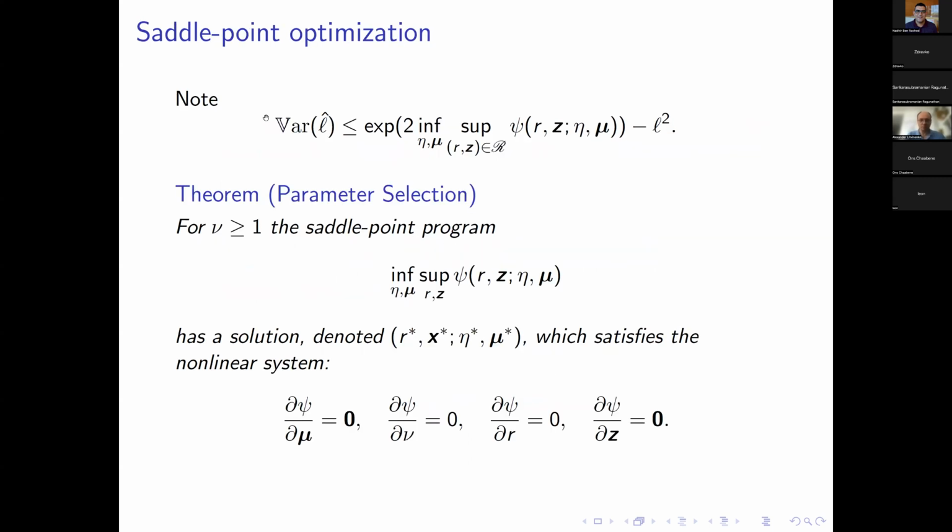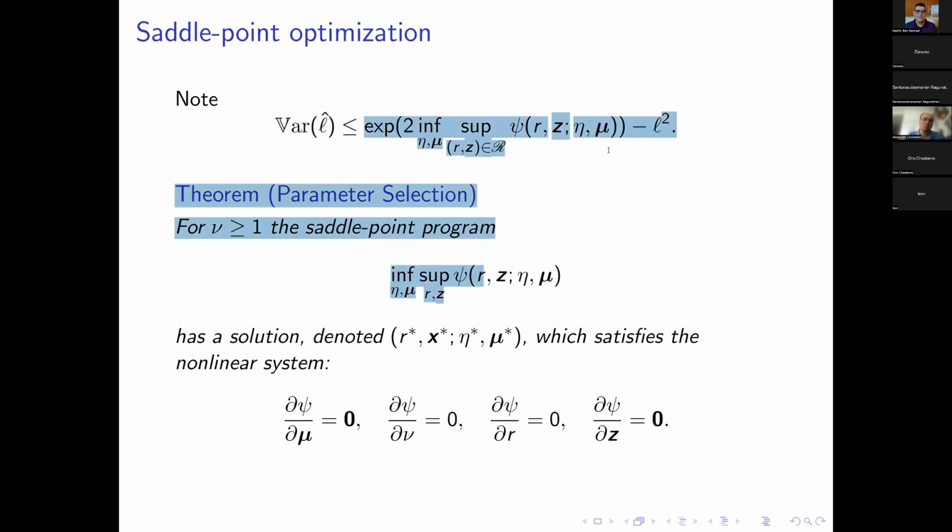And one motivation, one reason for this is that this kind of worst behavior puts an upper bound on the variance of the estimator. So we may not be able to directly estimate the variance, but we can calculate the worst case upper bound on the variance, and we can minimize this.